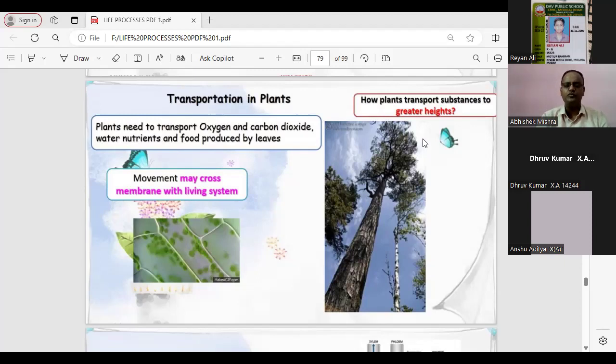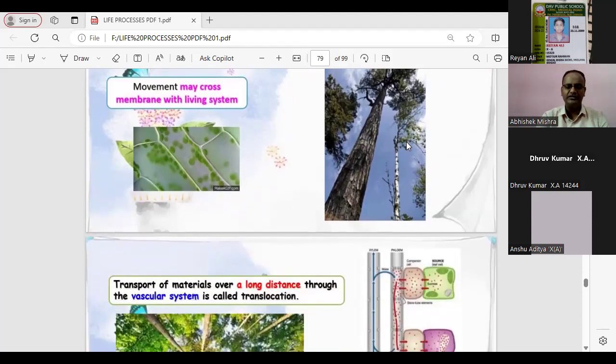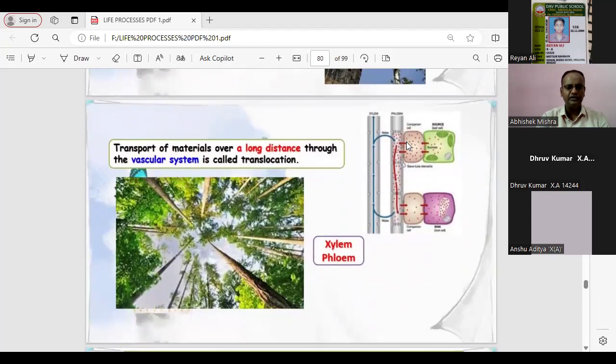The xylem transports water and absorbed minerals in the vertical direction. Always remember, one very important thing I would like to share here, students. Most of the time in the examination you get a question: what do you mean by translocation? So definitely, the transportation of material over a long distance through the vascular system is called translocation.